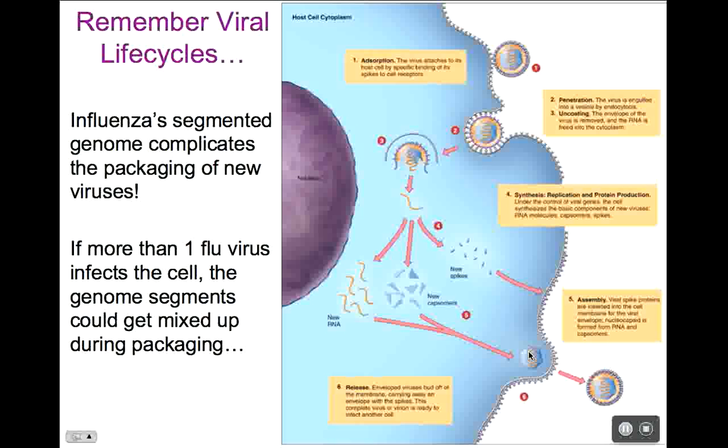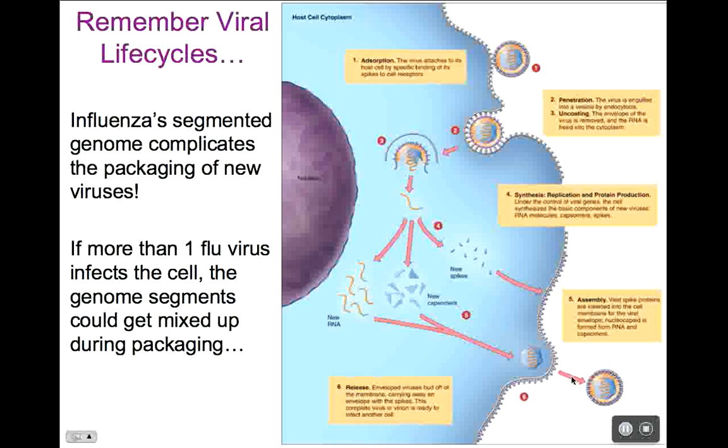So it makes packaging a much bigger deal for influenza. It has to get all of those segments packaged together in order to get a complete version of influenza. I hope I'm being clear here. So packaging is more difficult because you have multiple segments, and all of those segments have to be packaged together into the capsid before you release there. Hopefully I cleared that up.